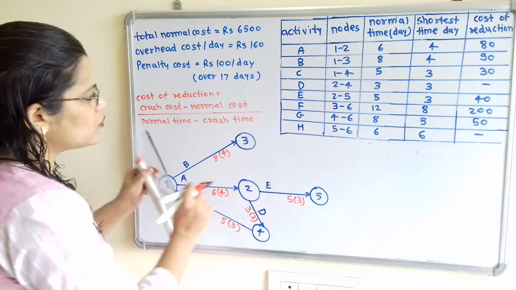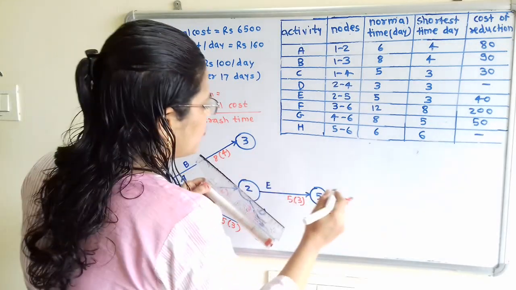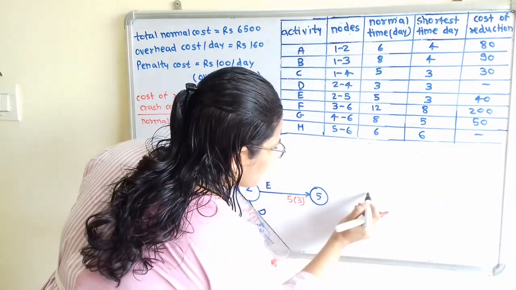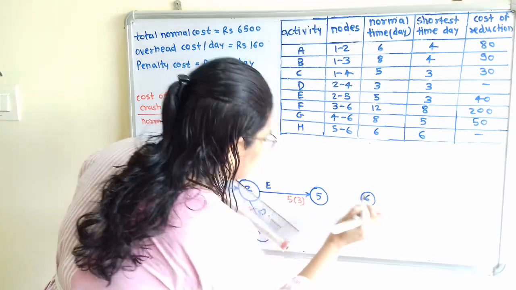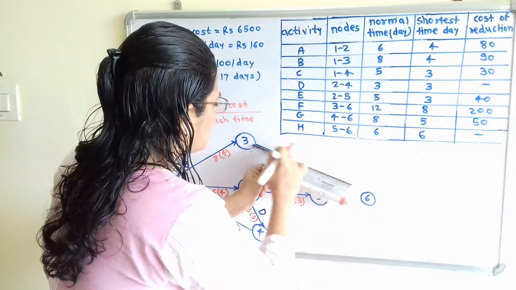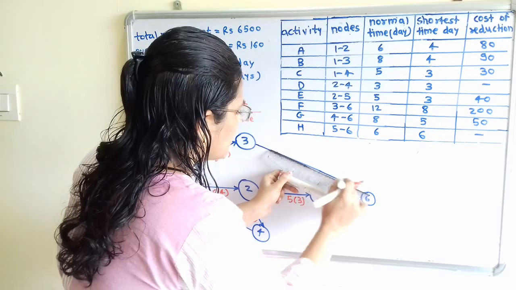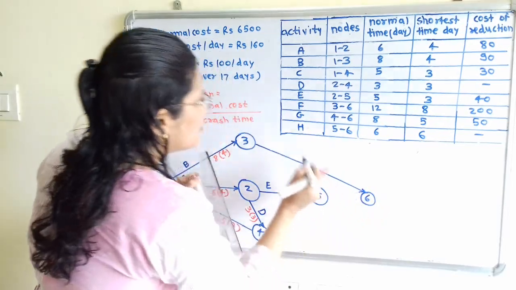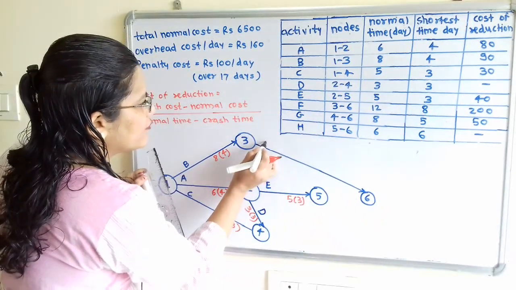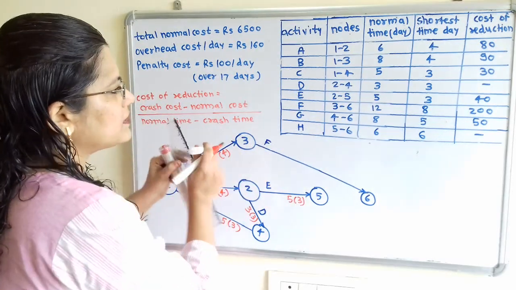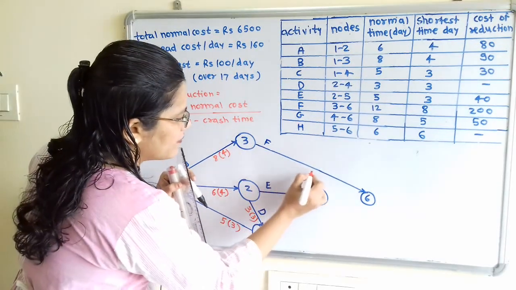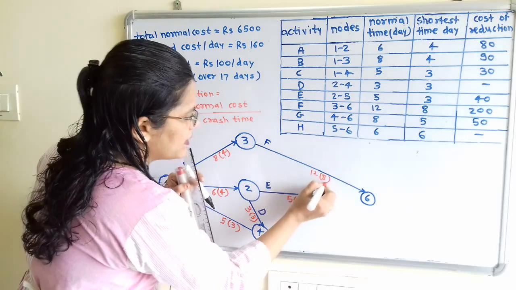Then F, from 3 to 6. Again we have to show node 6 here, so we join 3 to 6 with a straight line. This is activity F, that is 12 and 8. So I will write 12 and 8 in brackets.